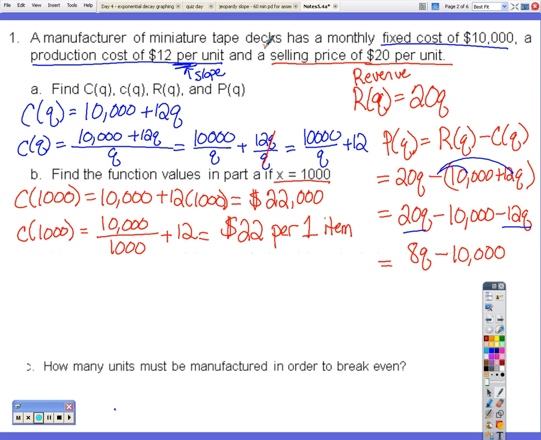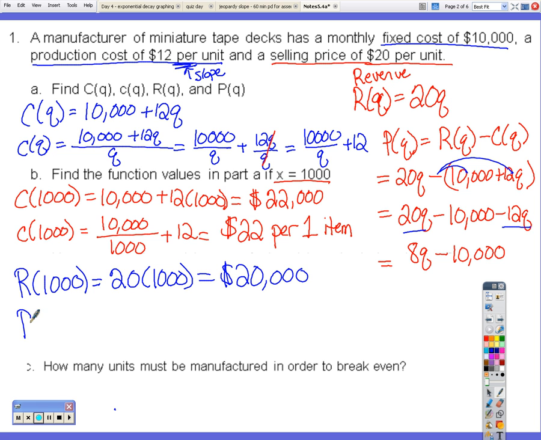Now for the revenue, I'm going to plug the 1,000 into the revenue equation, and that is $20,000.